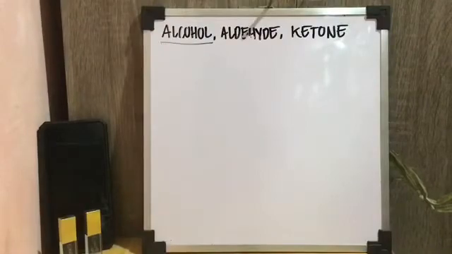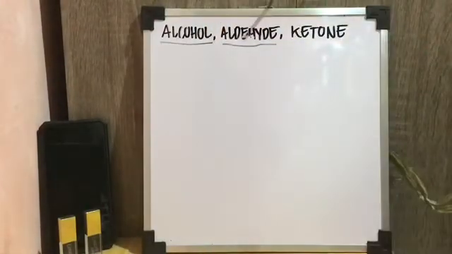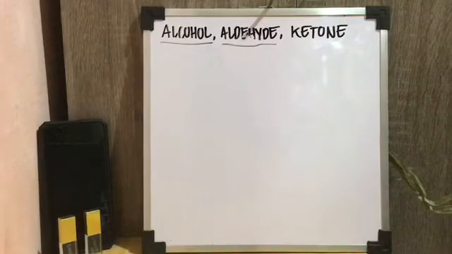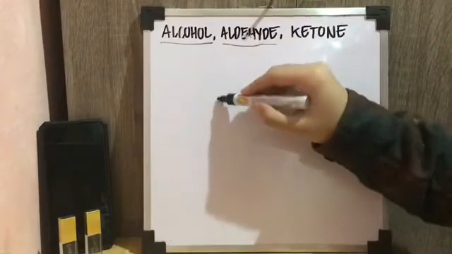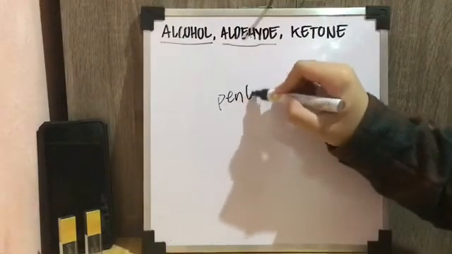And now we move on to aldehyde. When you're talking about aldehyde, all you really need to do is take into account the mother chain, or the number of carbons in the mother chain. Say for example you have 5 carbons in the mother chain, connected by single bonds, it would mean it is pentane, right?